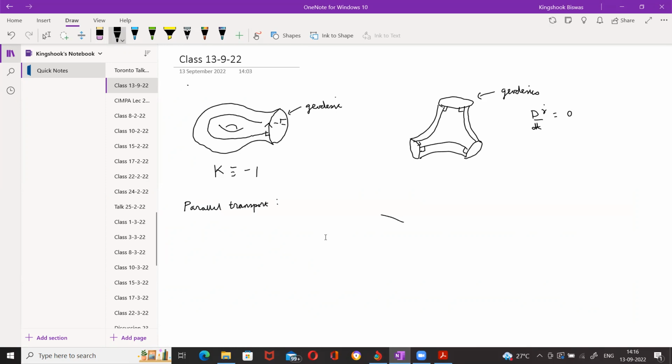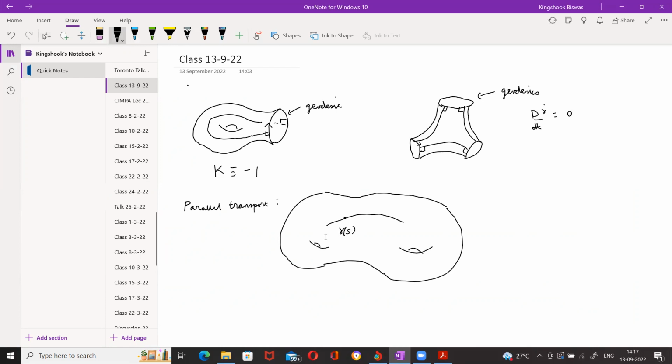So here's your curve gamma in your manifold. What is this parallel transport isomorphism?